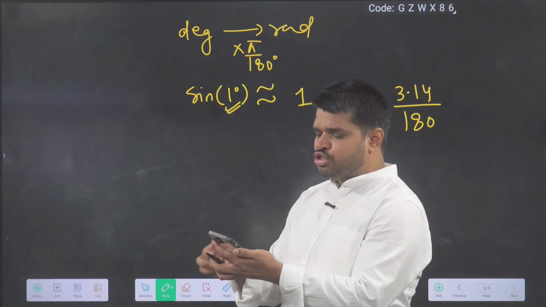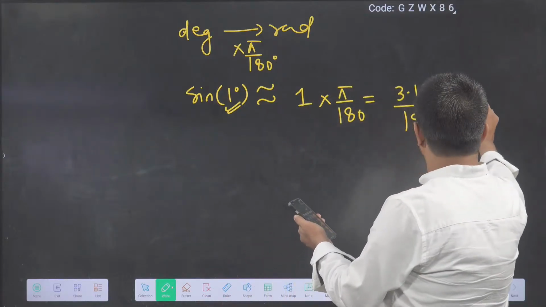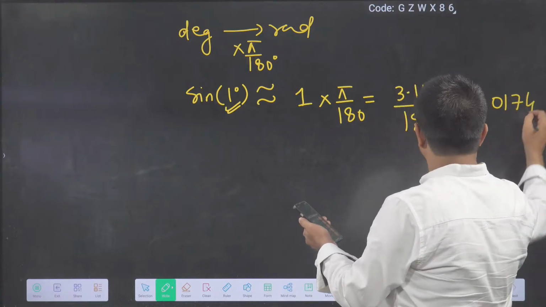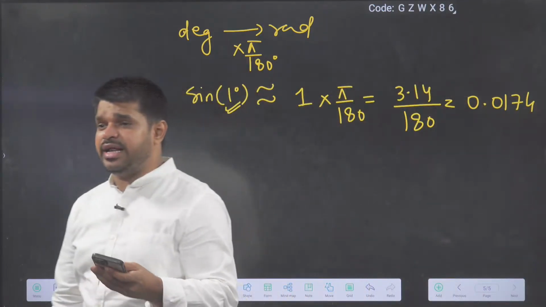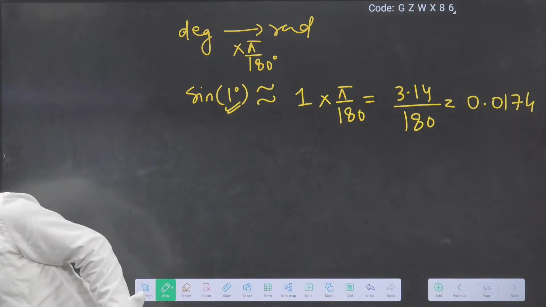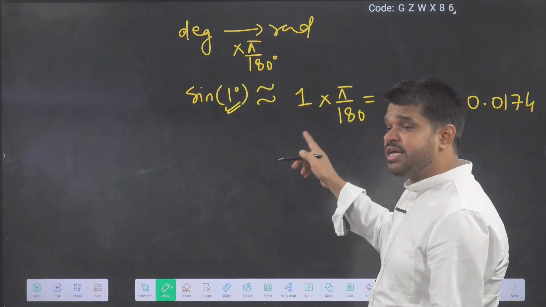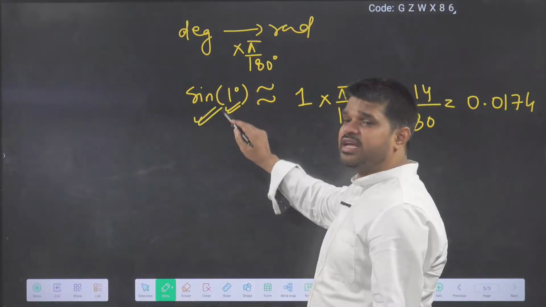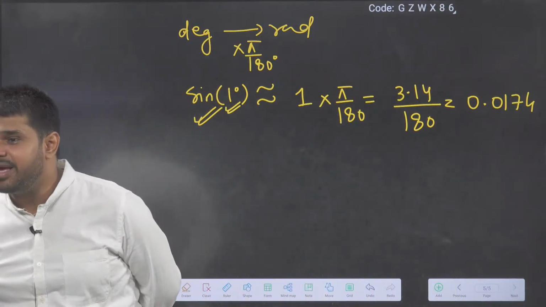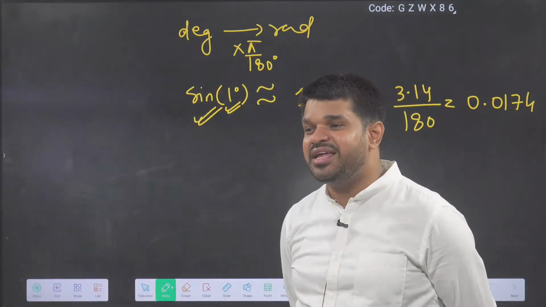The answer is 0.0174. Someone check from the internet. Are you getting the same thing or different? Just open Google and search sine 1 degree. Are you getting this value of sine 1 degree?